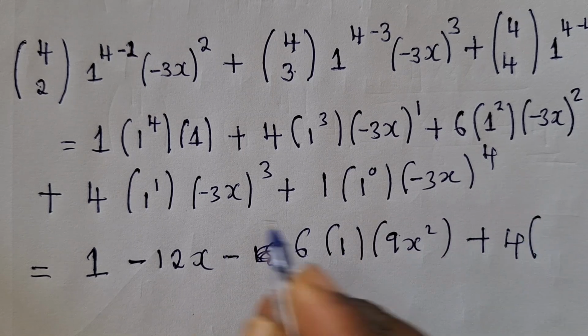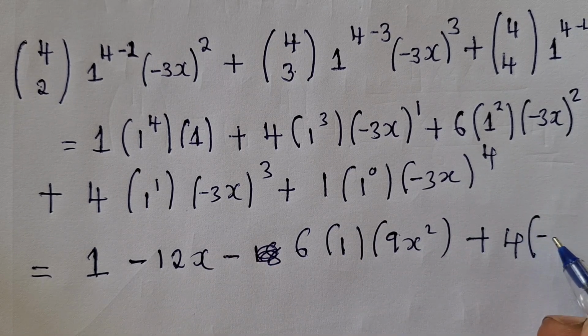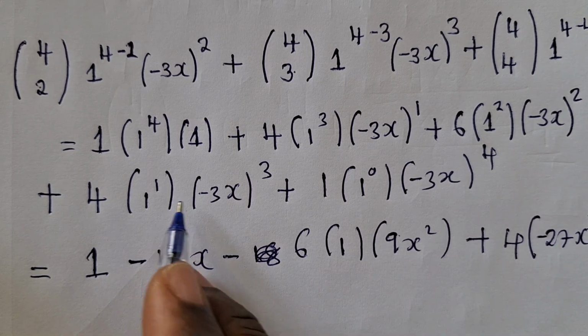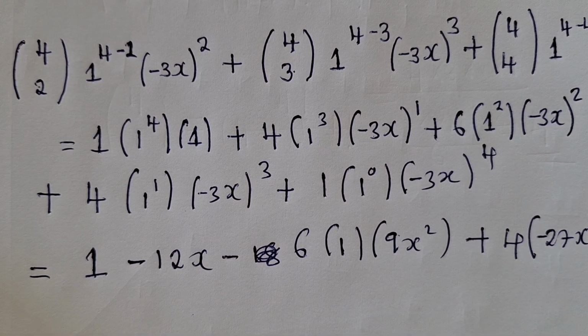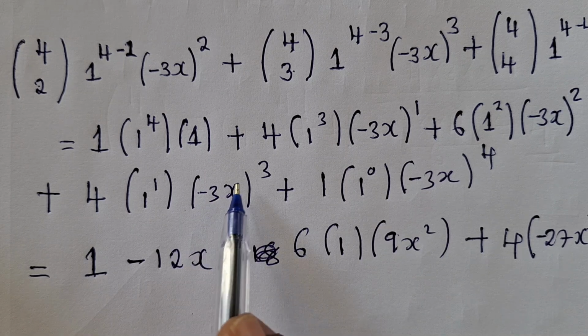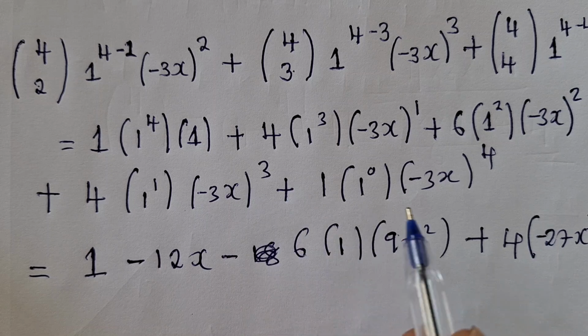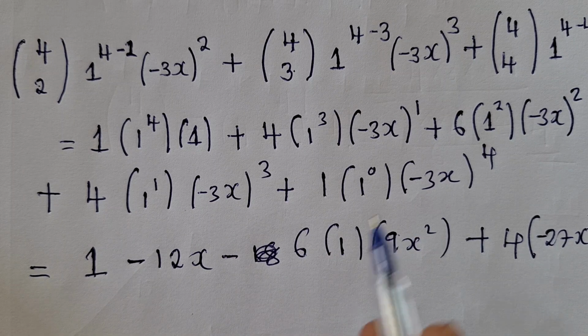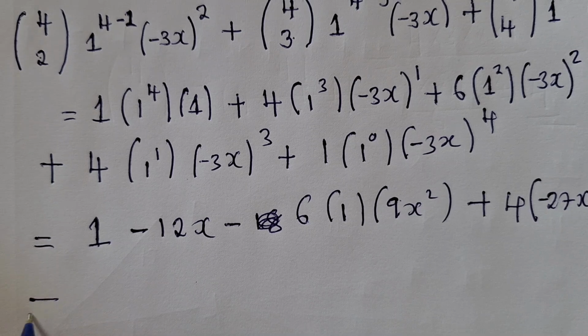Let me simplify. 4 here will be minus 27x power 3 for this one. 4 times 1 times negative 3 power 3, x power 3, will be negative 27. For this one, it will be equal to negative 81. So let me simplify further.